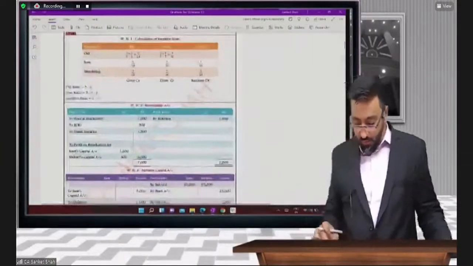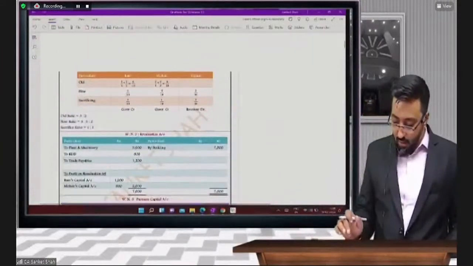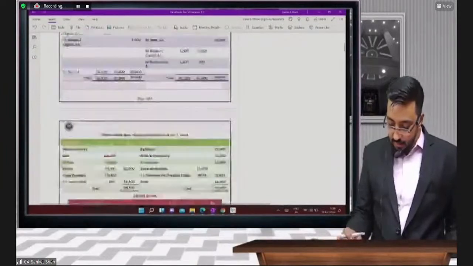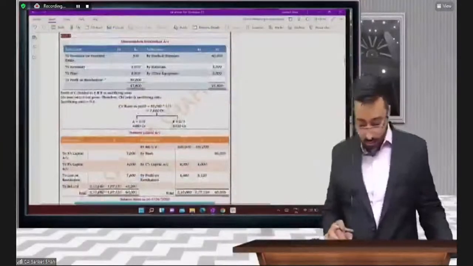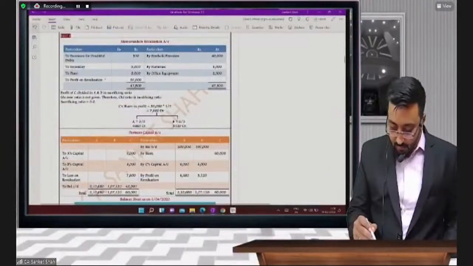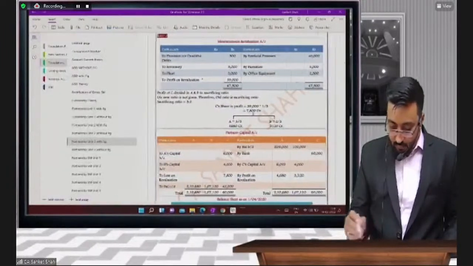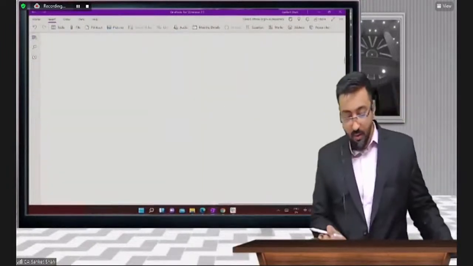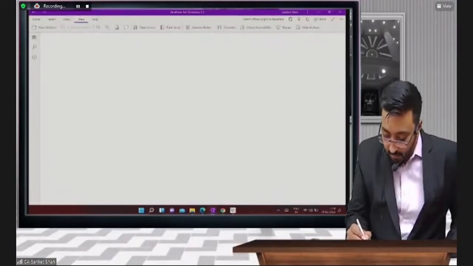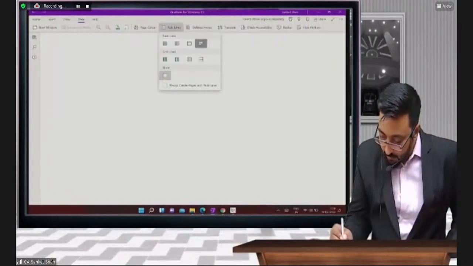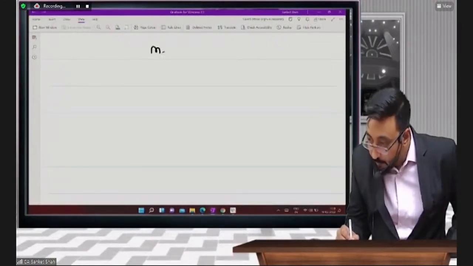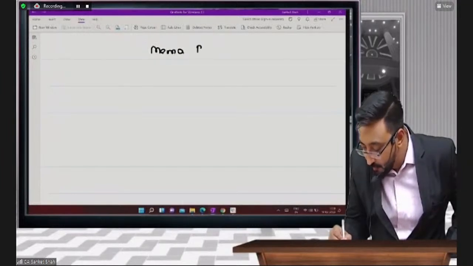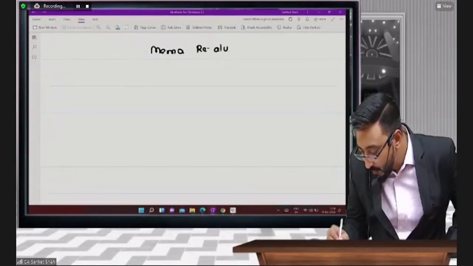Chalo. I'm going to tell you all these things. Illustration number 2. Chalo, write with me. Memorandum revaluation account.